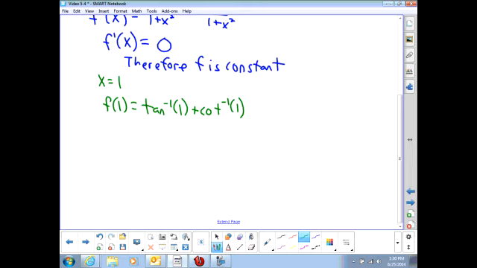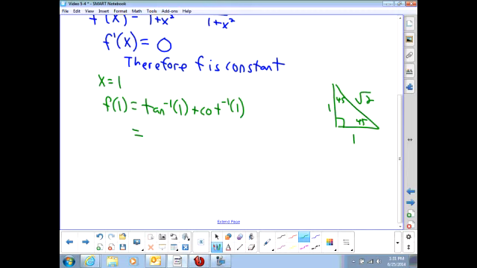And the reason being because in a 45-45-90 triangle, both tangent and cotangent have the same value. It's 1. Opposite over adjacent and adjacent over opposite are both 1. So what tan inverse is saying is, what angle has a tangent of 1? Well, it's easy to think about in degrees, so it'd be 45.